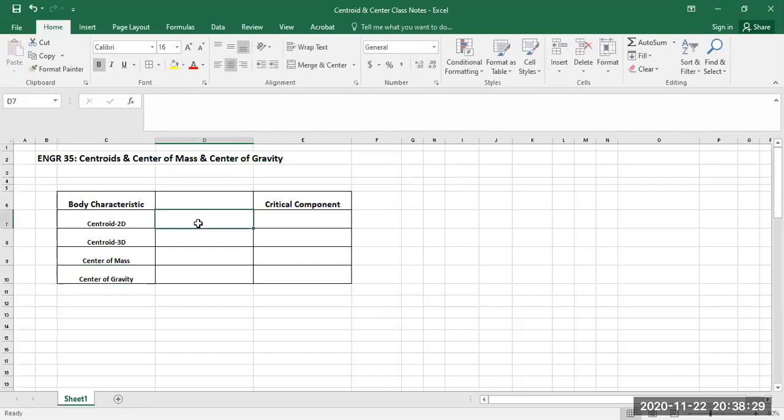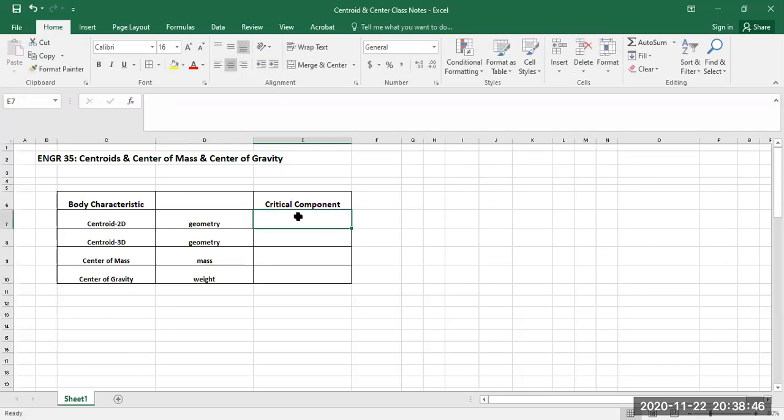So centroid is based on geometry, and so is centroid, whether it's 2D or 3D. Center of mass is based on mass of the bodies, and the center of gravity is based on its weight.